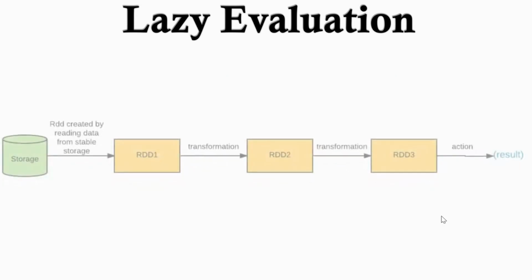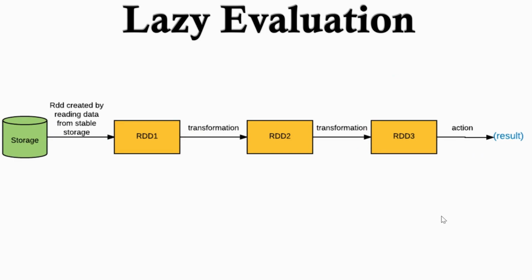Next, what is lazy evaluation? Let's explain this with the help of an example and diagrammatically. So we have a storage. Let's say we have a DBMS or a flat file from which we are reading the data. On top of that data, we need to do some kind of transformation. Let's say once we read the file, that file is stored as an RDD.